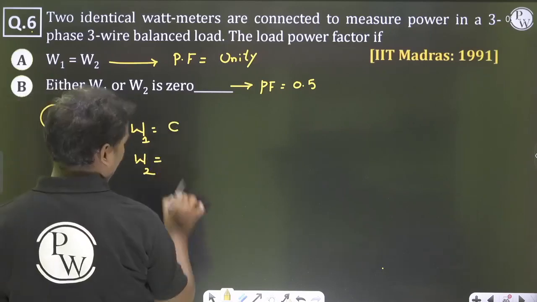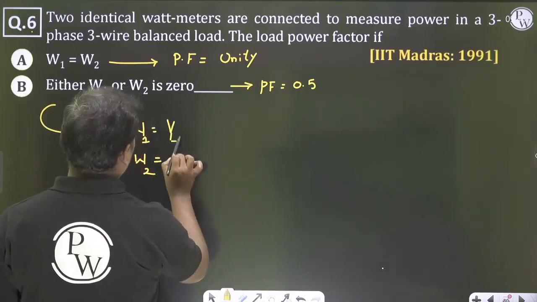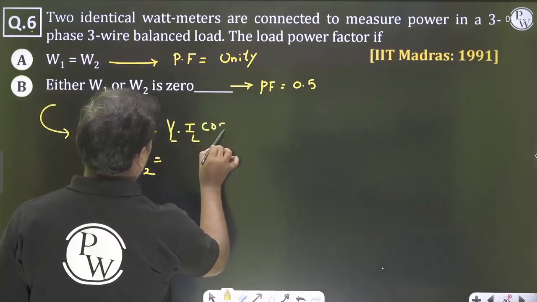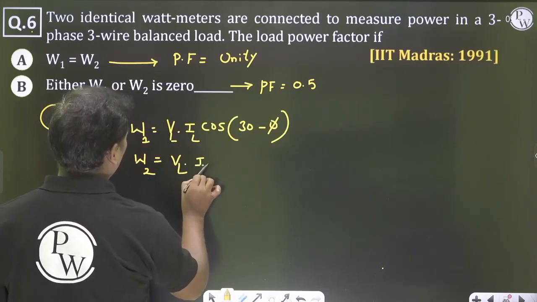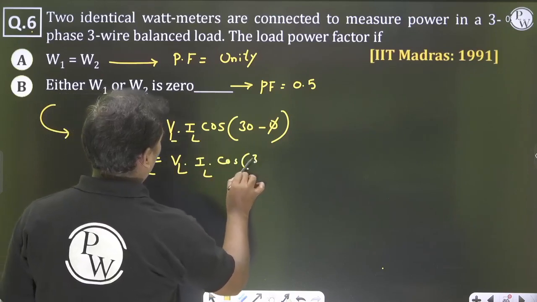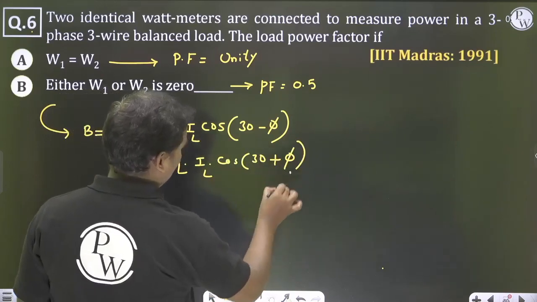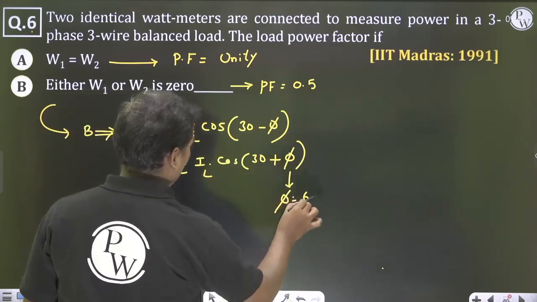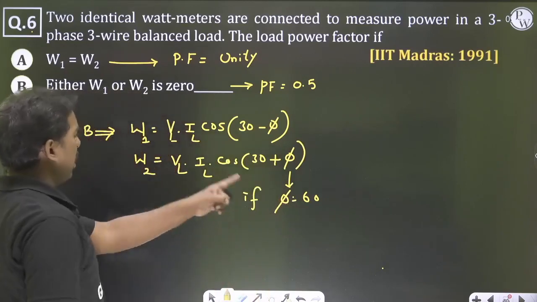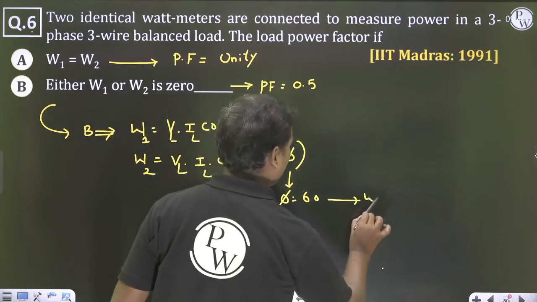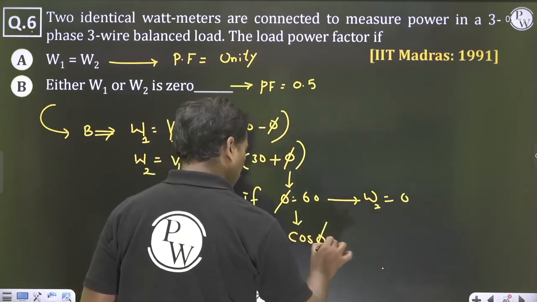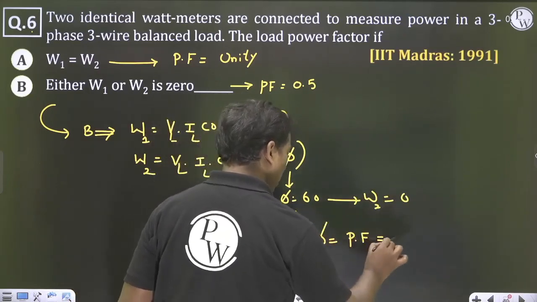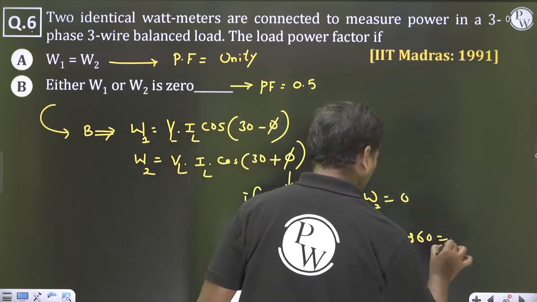So this is VL IL cos of (30 minus phi). Directly you can see the picture and tell 30 plus phi. When phi is equal to 60, then W2 will become 0. So phi is equal to 60 means what is the cos phi? That is the power factor, cos 60.